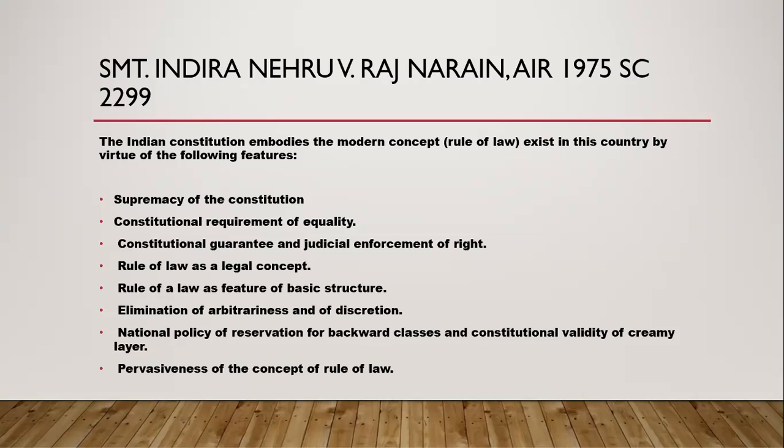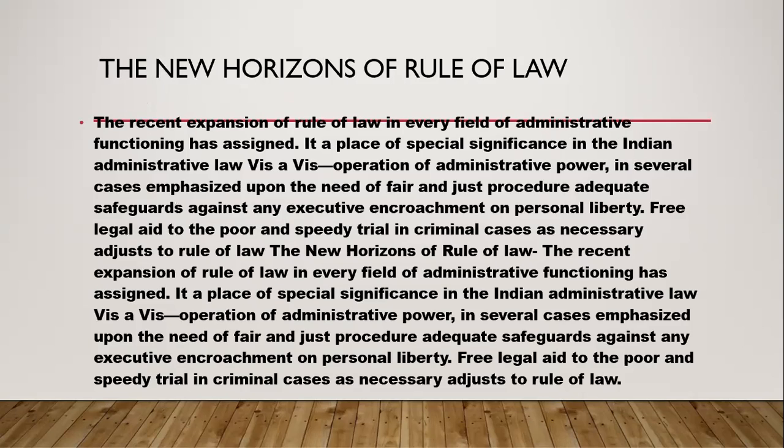Rule of law as a basic structure; 6. Elimination of arbitrariness and discretion; 7. National policy of reservation for backward classes; 8. Pervasiveness of the concept of rule of law. So it was in this case that rule of law was guaranteed and expressly laid down in the Indian Constitution.